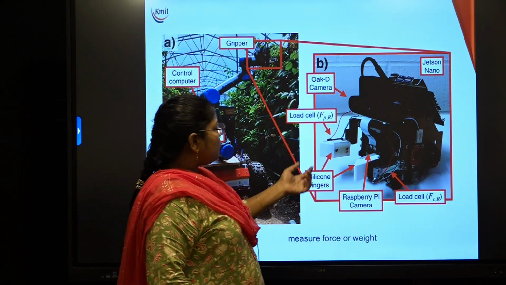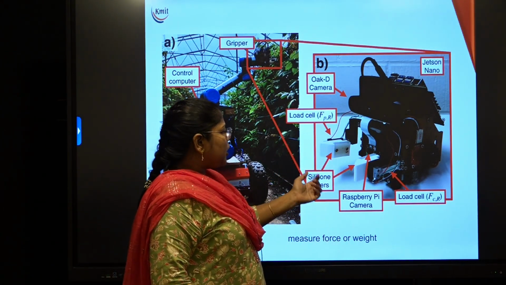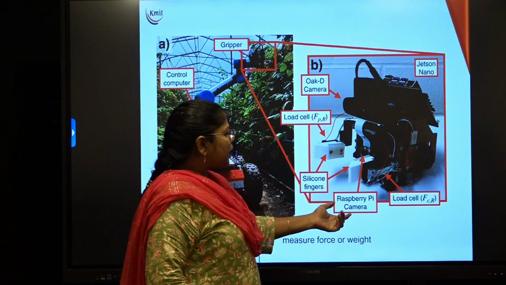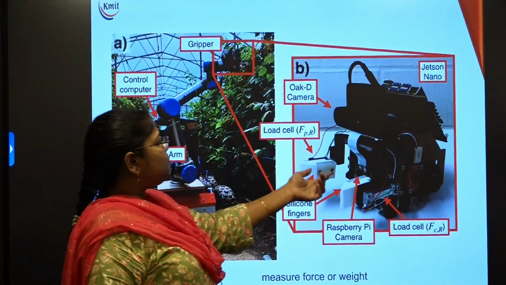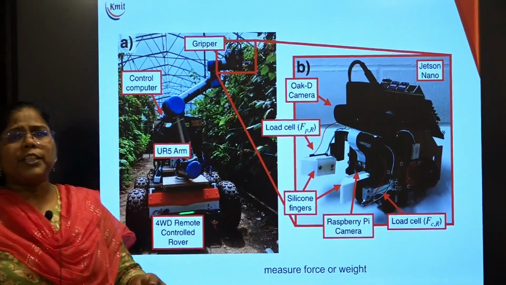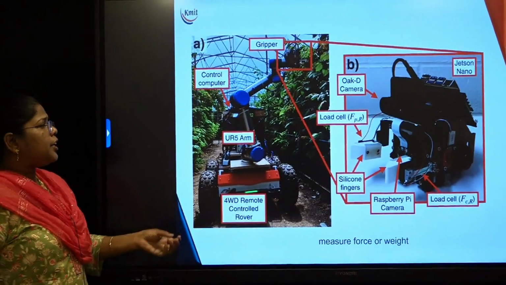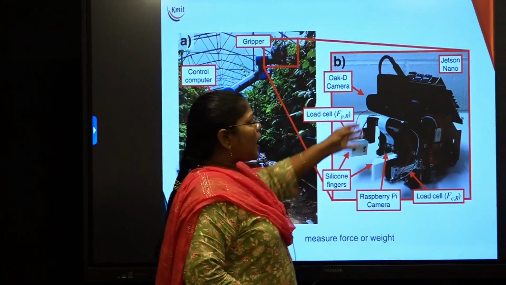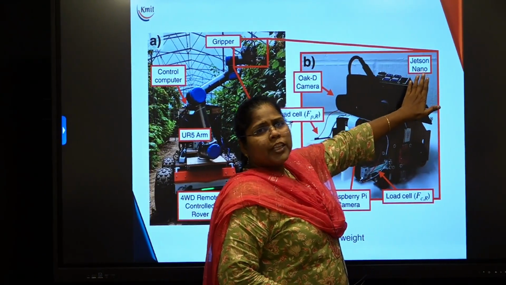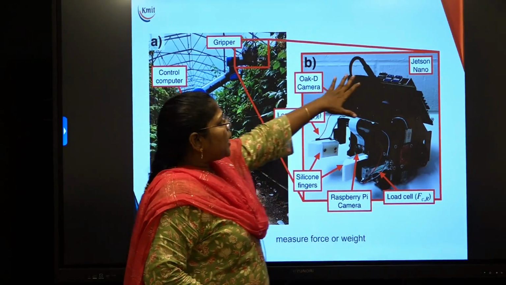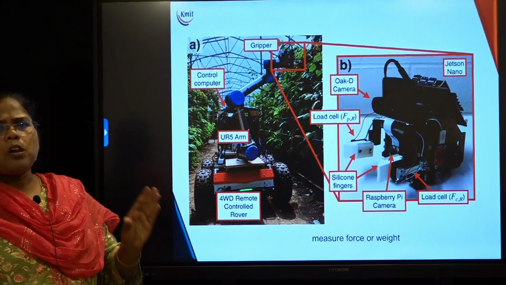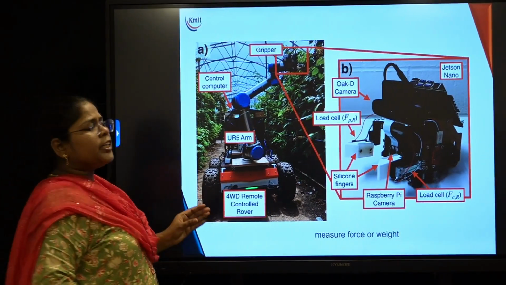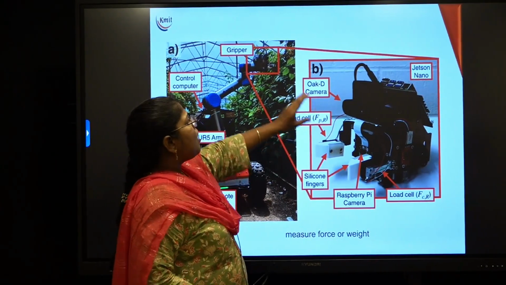Second, we need silicone fingers, and we need a Raspberry Pi camera. This Raspberry Pi camera captures the image and gives it to an AI algorithm that is stored in the Jetson Nano. Jetson Nano is similar to the Raspberry Pi, a small computer that starts predicting the fruit.